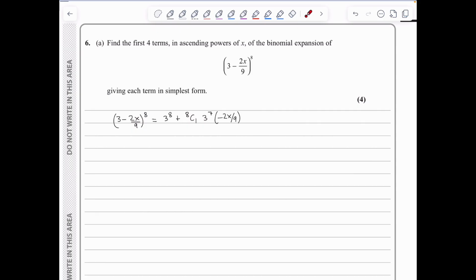So each time I'm decreasing the power of 3 by 1, and I'm increasing the power of minus 2x over 9 by 1. So the next term will be 8 choose 2, 3 to the power of 6 times (minus 2x over 9) to the power of 2. And then it's going to be 8 choose 3, 3 to the power of 5 times (minus 2x over 9) raised to the power of 3, plus... Notice that the sum of the two powers will always be the original power of 8.